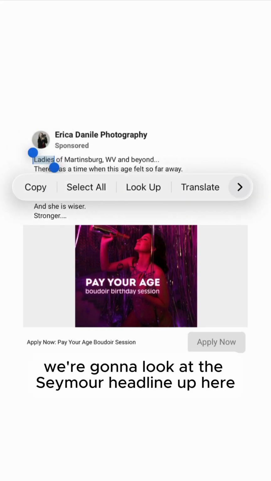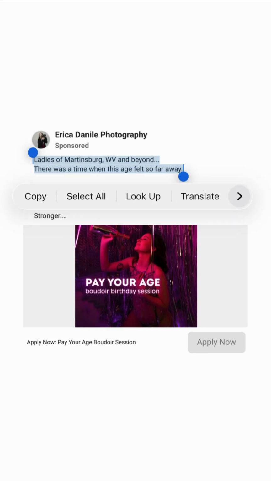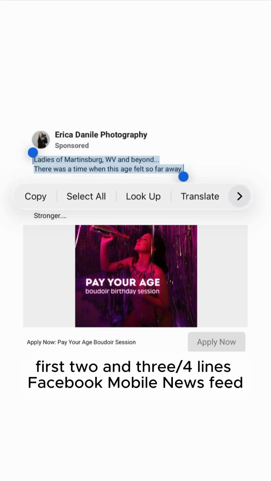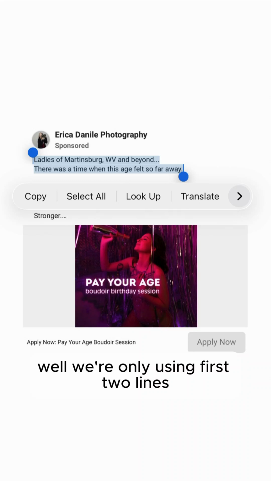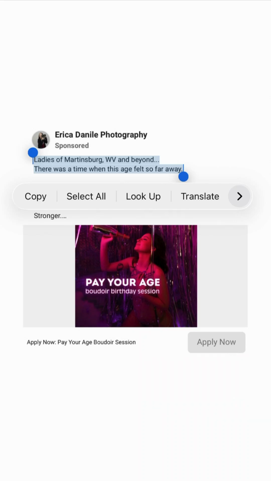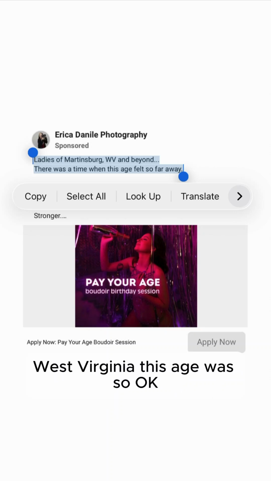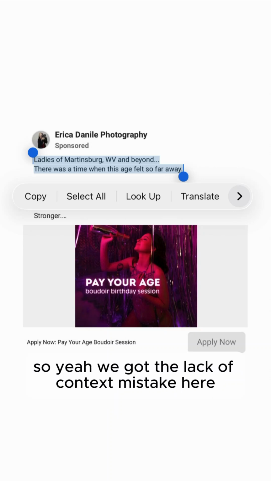Finally, we're going to look at the headline up here. First 2 3/4 lines, Facebook mobile newsfeed. Well, we're only using the first 2 lines. Now the Maze of Martinsburg, West Virginia. So yeah, we got the lack of context mistake here.